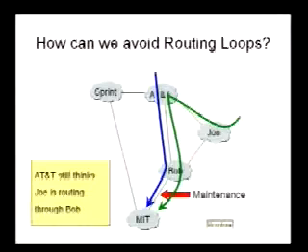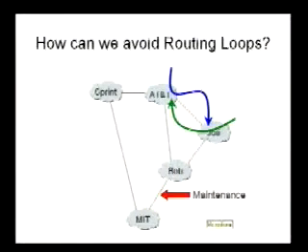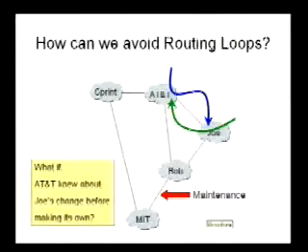So when AT&T receives the withdrawal message, it's going to start routing packets through what it thinks is its second best path, which is the path through Joe, causing the routing loop. So let me ask the question: what if AT&T knew about Joe's change? What if we were able to tell AT&T about Joe's change before AT&T made its own change?